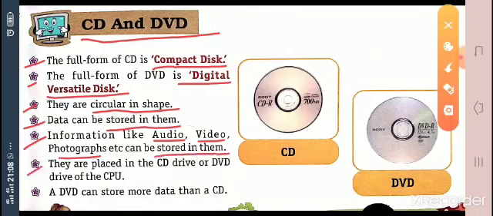They are placed in the CD drive or DVD drive of the CPU. A DVD can store more data than a CD. Here first one, CD. CD stands for compact disc, and second one, DVD means digital versatile disc.